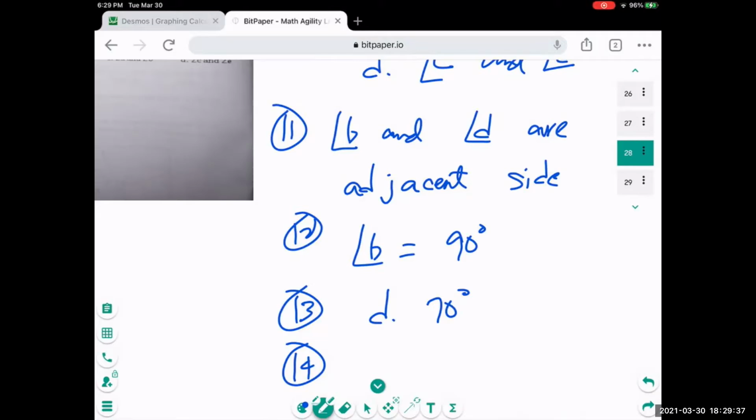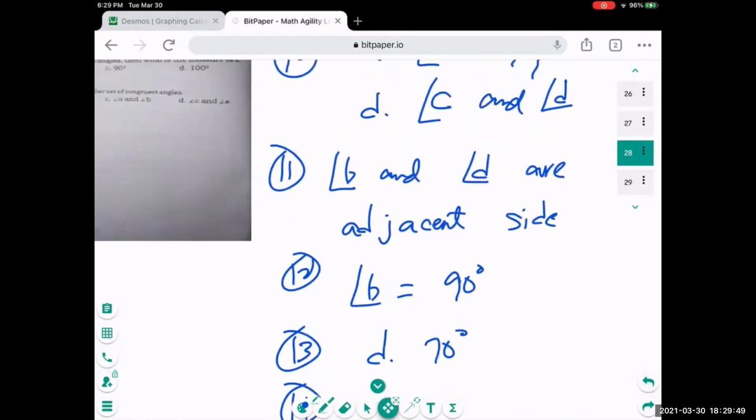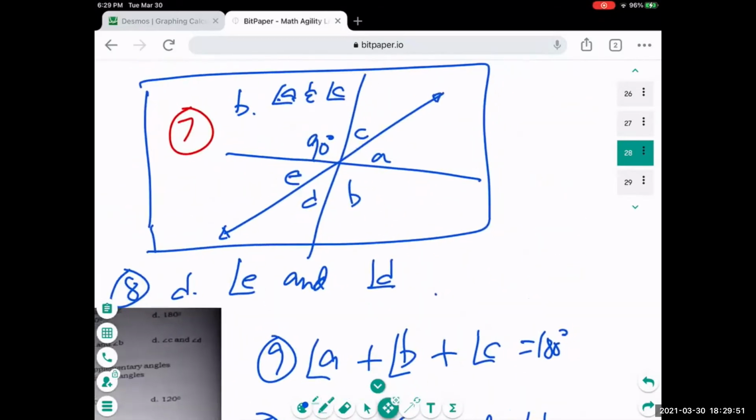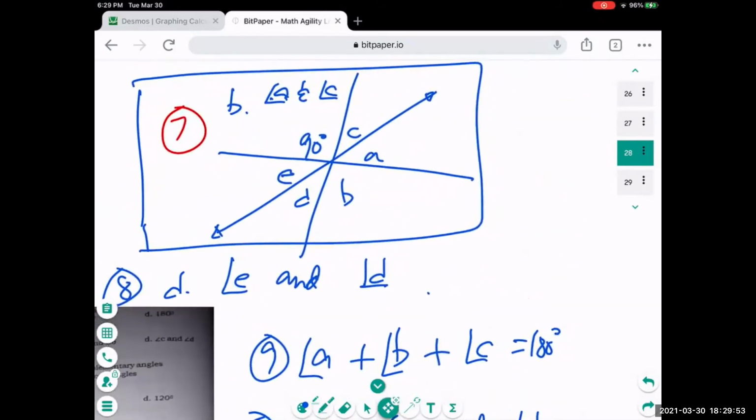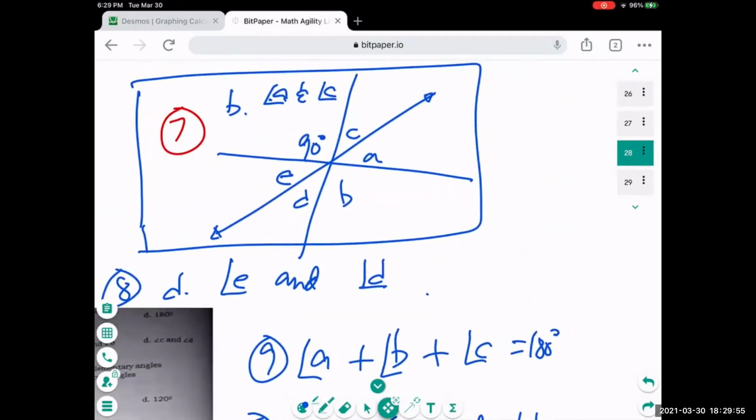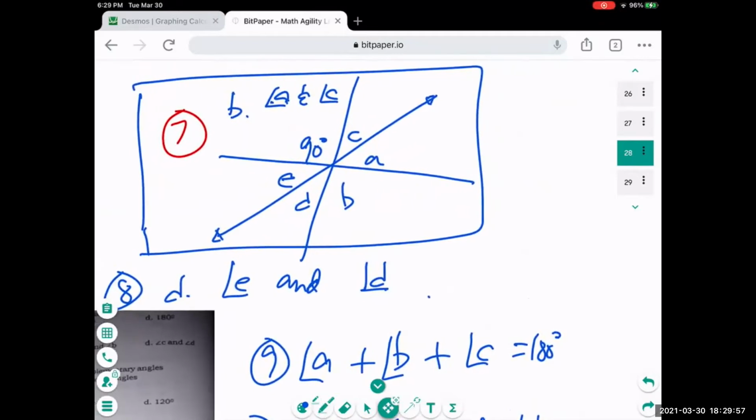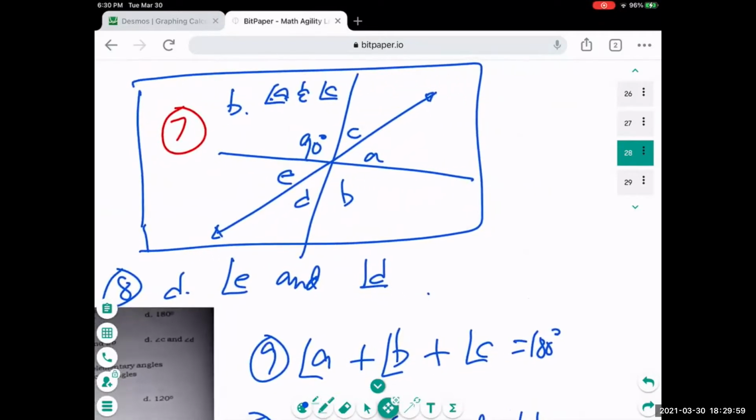I don't know the last part, but maybe the question is, C is 20 degrees and C and D are congruent angles, yes, because they're vertical.